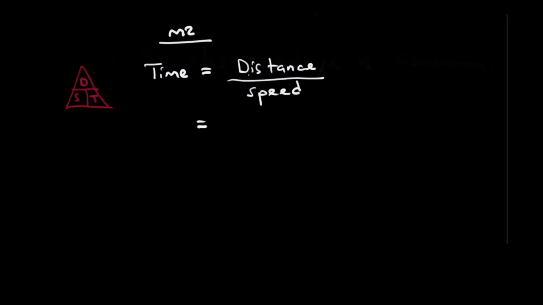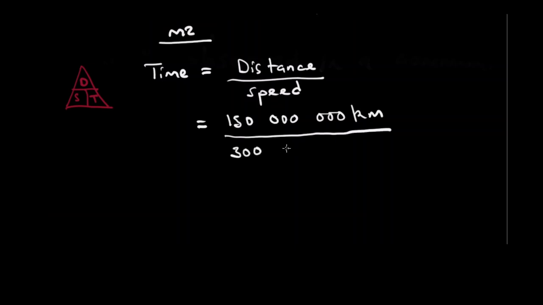What is our distance? The distance is the astronomical unit, 150 million kilometers. What is the speed? The speed is the speed of light, which is 300,000 kilometers per second. In 1 second, light travels for 300,000 kilometers or 300 million meters. So if we cancel out 0 with 0, 0 with 0, 0 with 0 again, the same happens here.